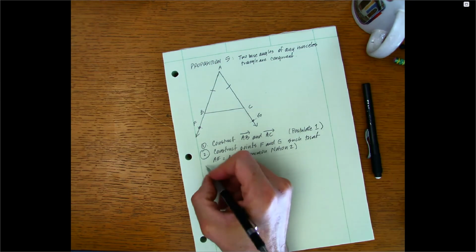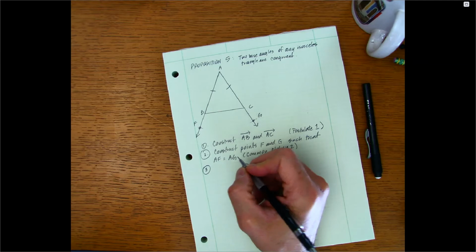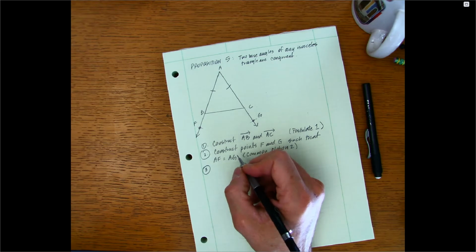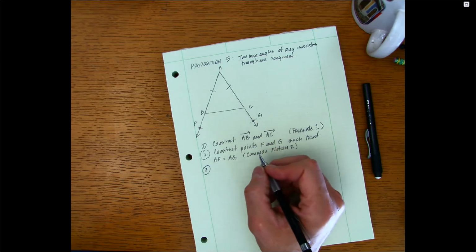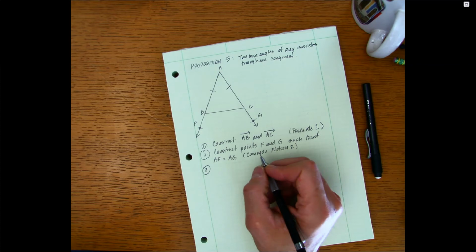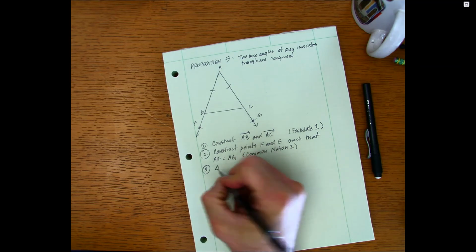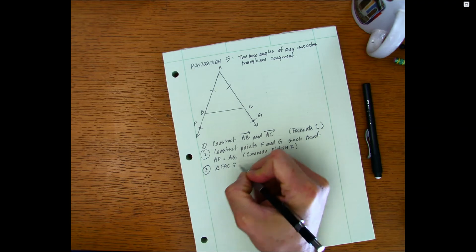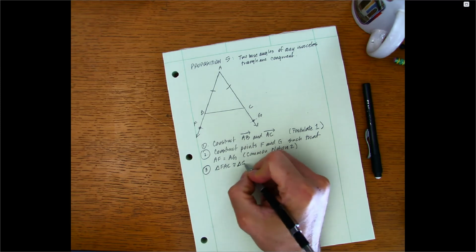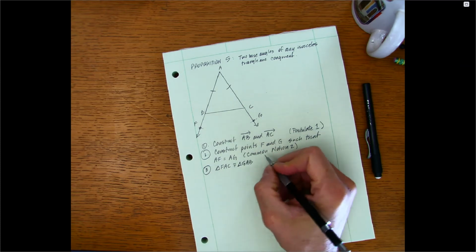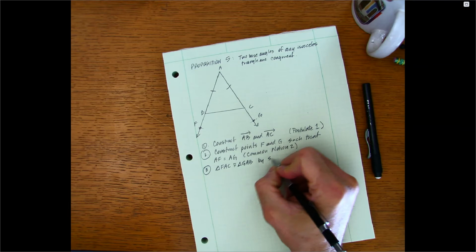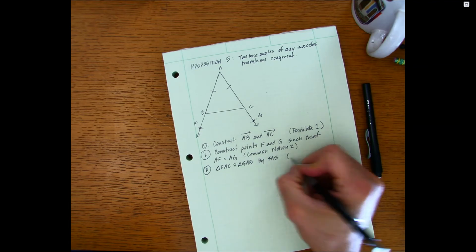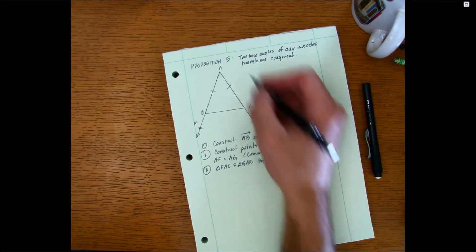Let's see. So number 3. He says that triangle FAC is going to be congruent to triangle GAB, and that's by side angle side triangle congruence, which turns out to be one of the propositions that precedes 5.